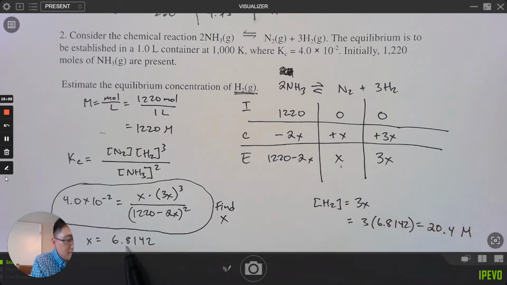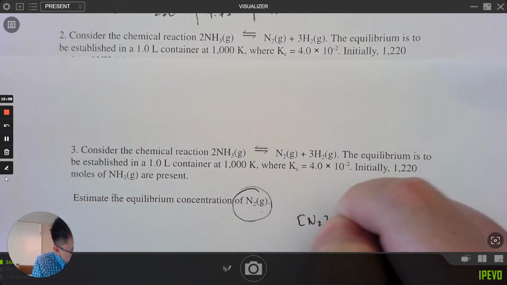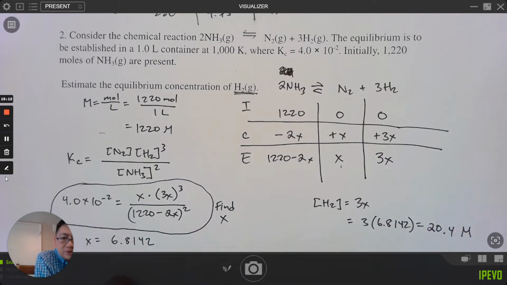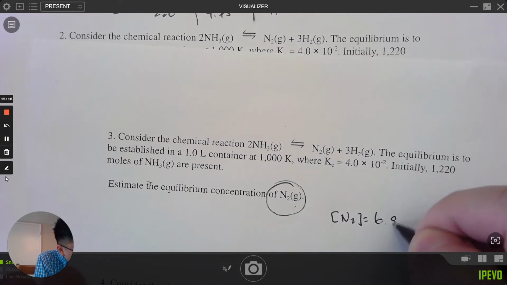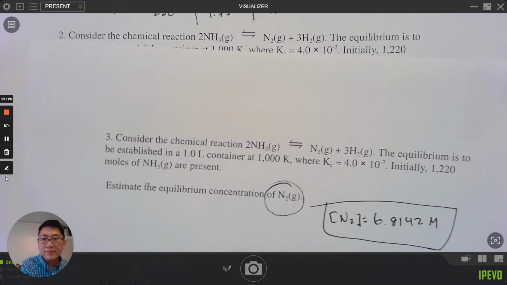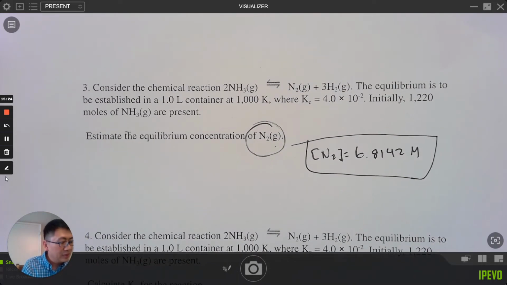What's x? 6.8142. I'm not doing that again. The nitrogen concentration is 6.8142 molar. That's the answer for number 3. So that's what I meant by I wasn't going to do that again. Okay, next question.